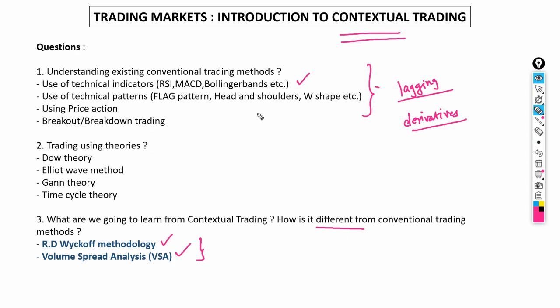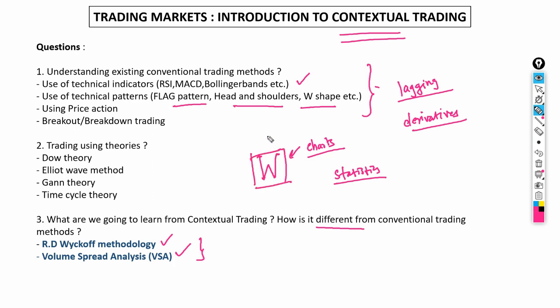While if we talk about the flag pattern or head and shoulders or W shape, these are just the shapes that are generated on the charts. And what has exactly happened is people have developed, using probability and statistics, the methods or the behavior of price once these kinds of shapes or patterns are developed.